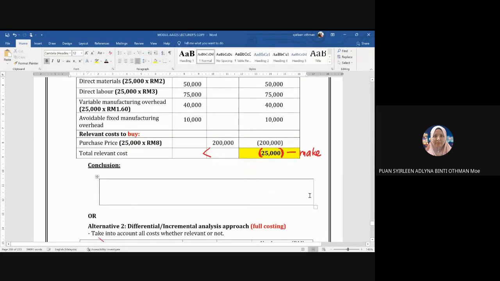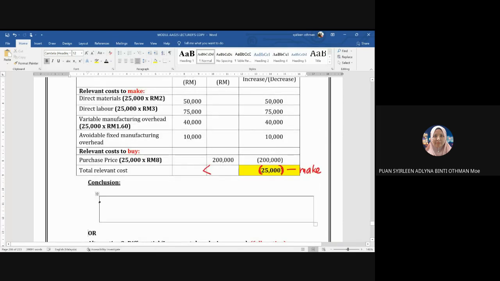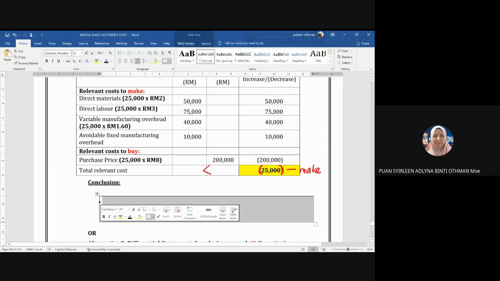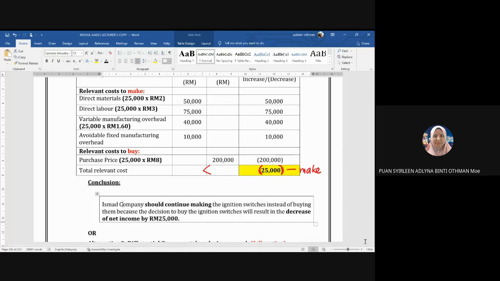Okay, so what is your conclusion? Your conclusion is nama company you ialah Ismat Company. Okay, so Ismat Company should continue make ataupun Ismat Company should make, okay, buat ayat yang mudah, should make the ignition switches because it will decrease, okay, it will increase.